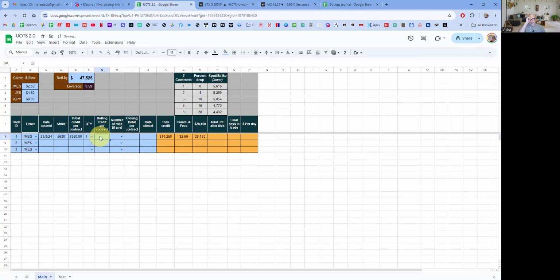And once we get to rolling, because most of the time we'll be rolling these contracts, we'll be adding the additional premium here and then counting the number of rolls in order to calculate the commission and fees that we're paying along the way. 28.5, sorry. So we got around $143. And so that's it. That's all there is to do.